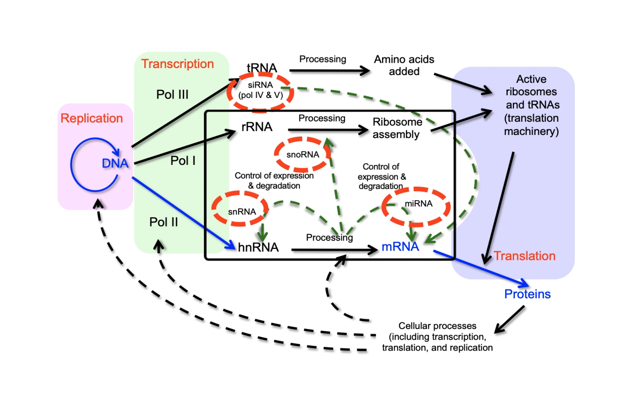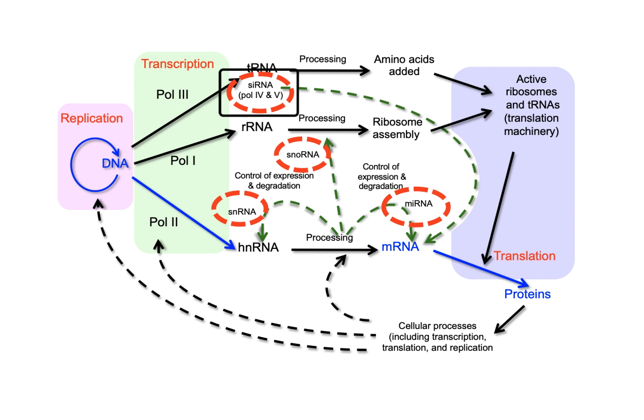So those are coming this way. Silencing RNAs here are usually transcribed by a different set of polymerases, RNA polymerases 4 and 5, so those are coming from a different location in the nucleus.